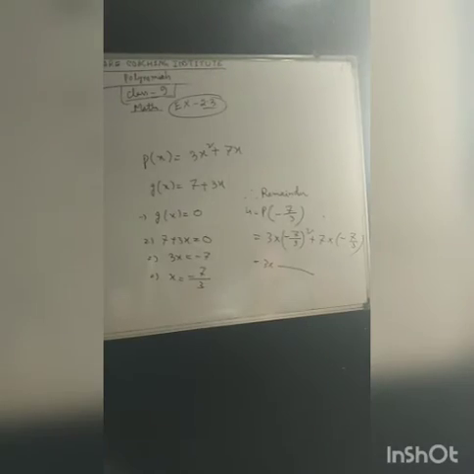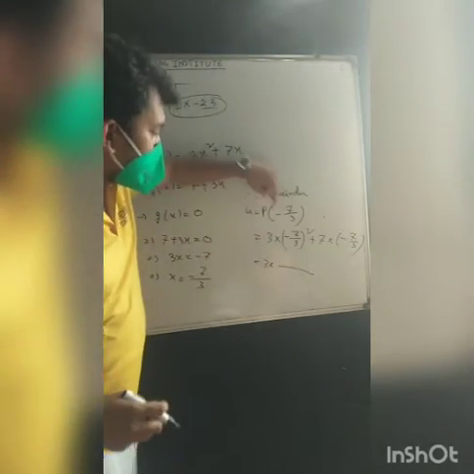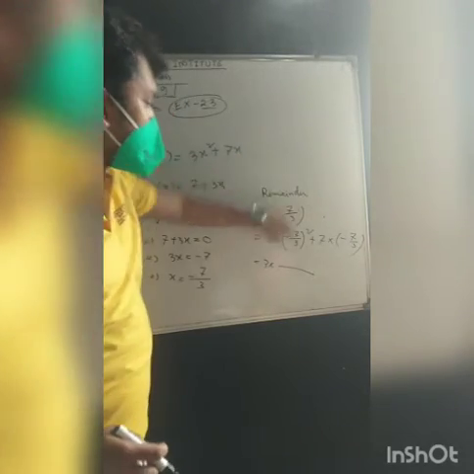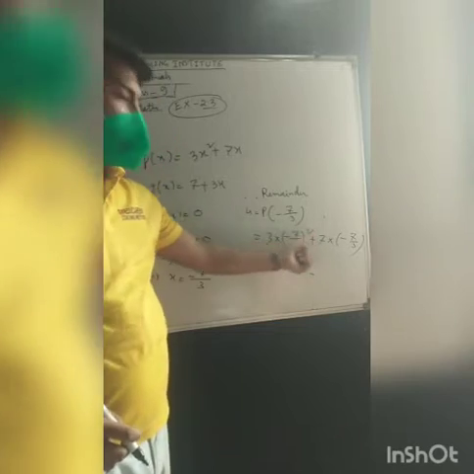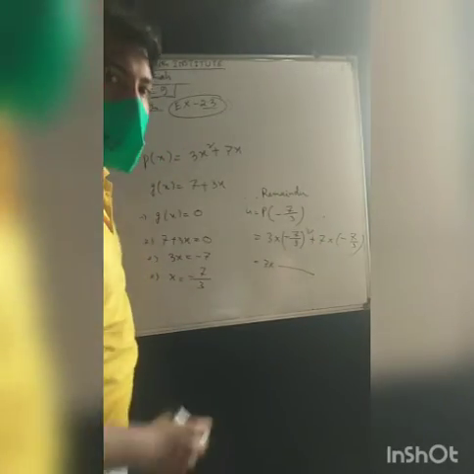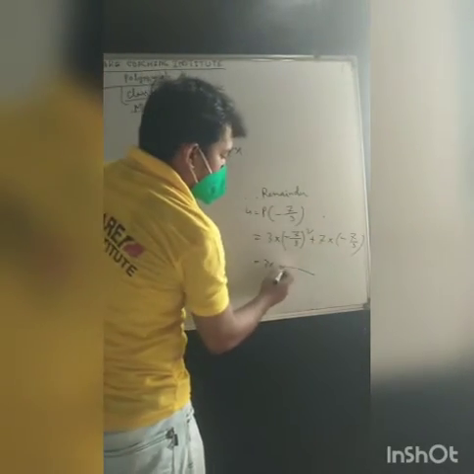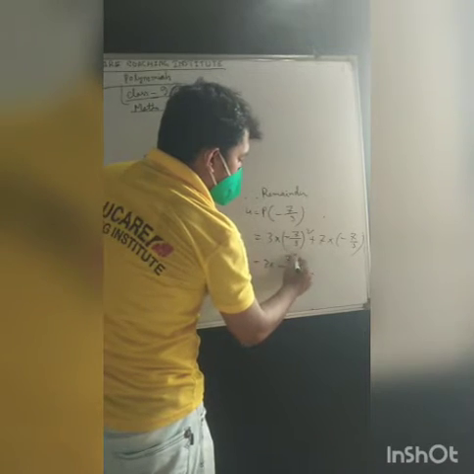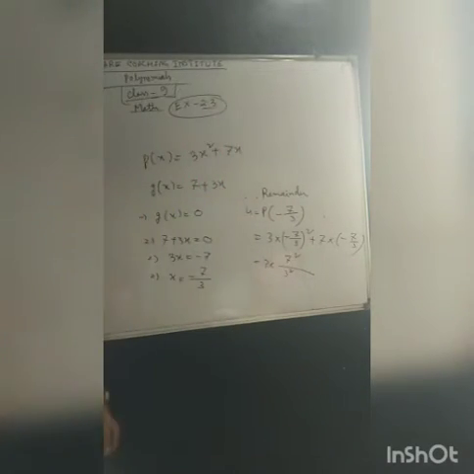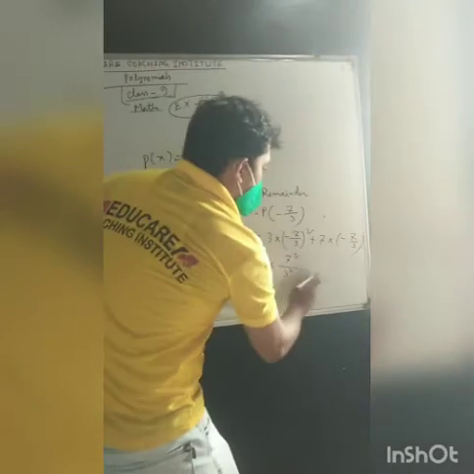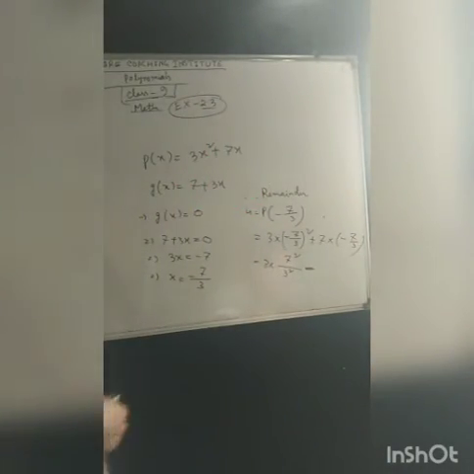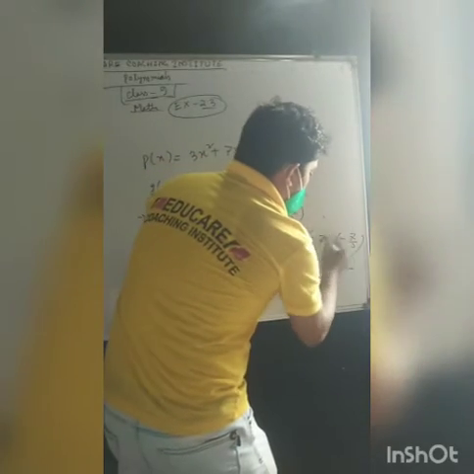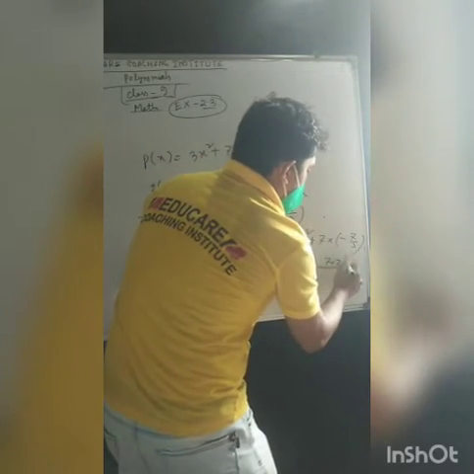When x is minus 7 by 3, if there is minus and it is square, minus and square will be plus. So 7 square and 3 square. Plus minus, what will be? Minus. So 7 into 7 by 3.